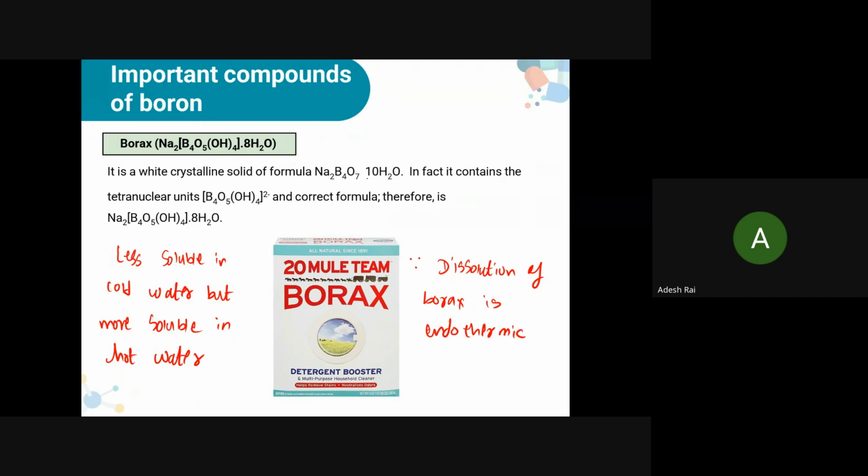Is that clear to everyone? You have to remember this point and note it down, because it is not there in the PPT. Some additional points you should know. Can you proceed?